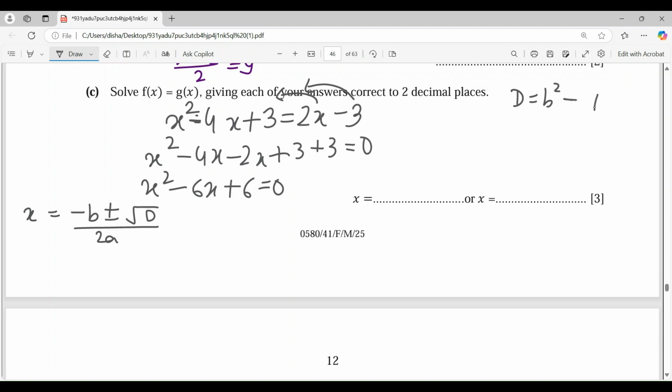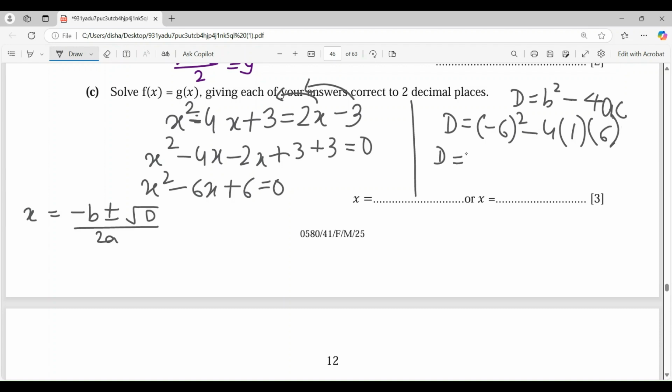So d will be, b is the coefficient of x, the middle term, minus 4 into a, the coefficient of x square, into c, the constant term.